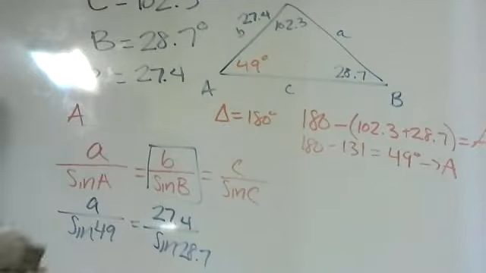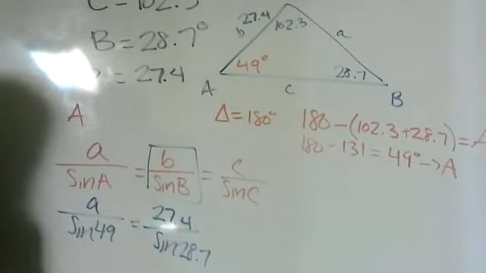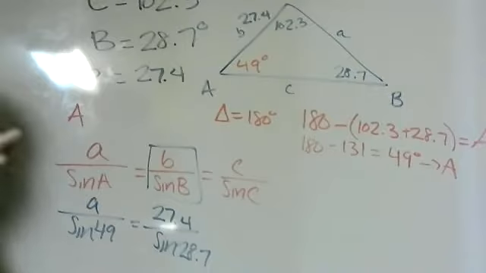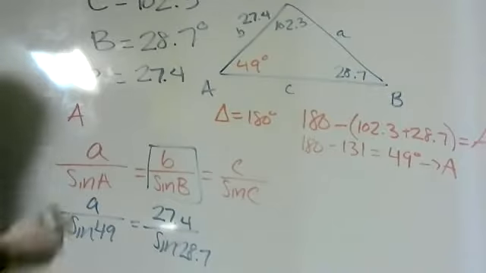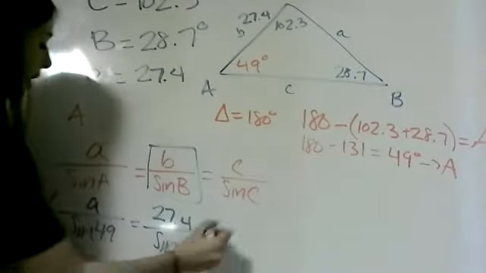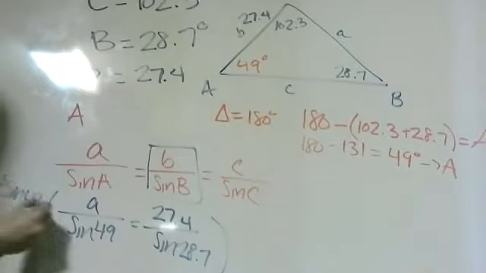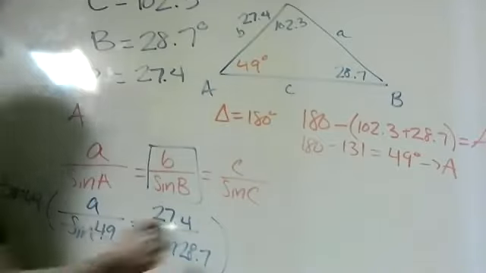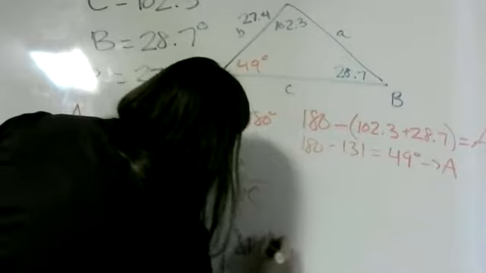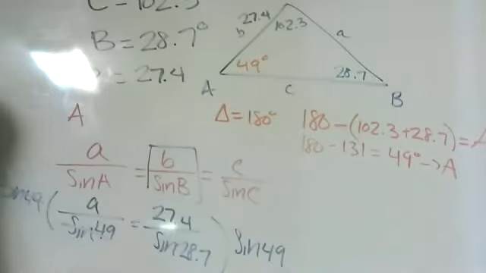Notice I just need to solve for a within this equation. In order to do that, I need to get rid of sine 49 in my denominator. When we want to get rid of something that's in our denominator, we simply multiply by it on both sides. So over here, sine of 49 is going to cancel. On this side, I'm just going to have sine of 49 multiplied on.